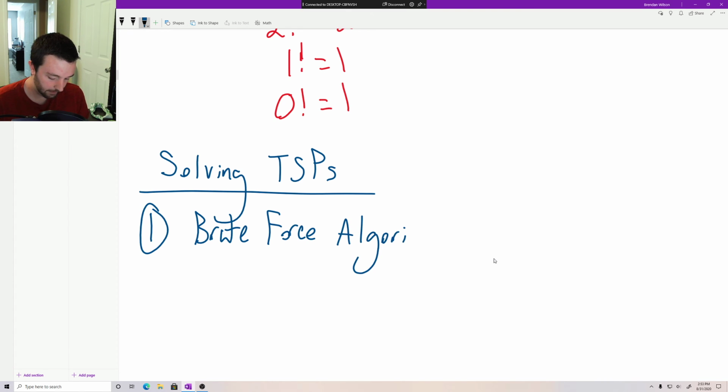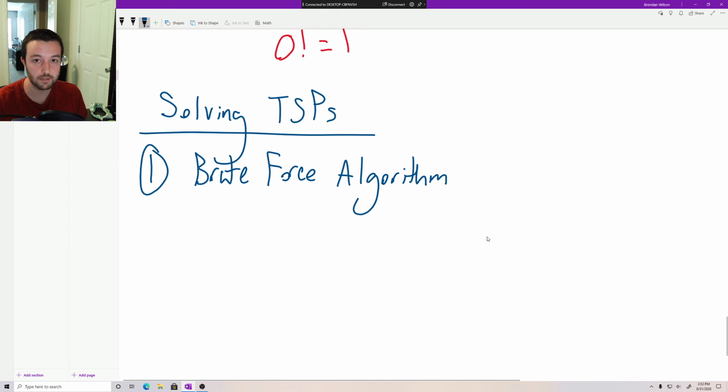So we just brute force it. We look at all the Hamilton circuits we could have, and see which one costs the least. So we just list all the possible Hamilton circuits, and then we look at the cost of all of them. So let's give an example.